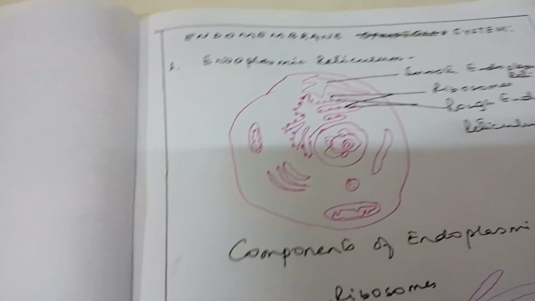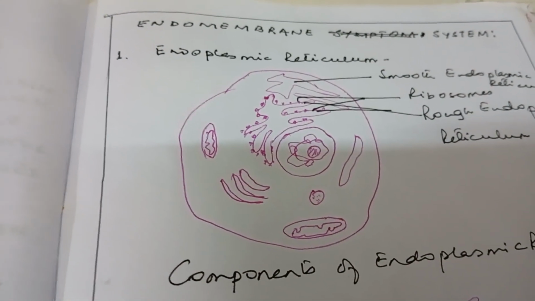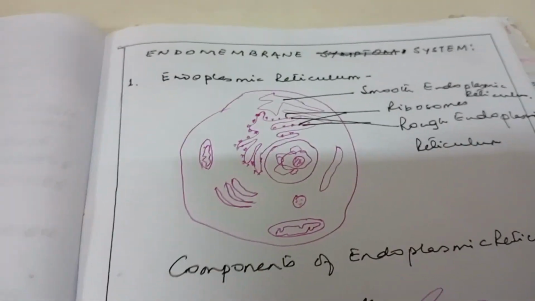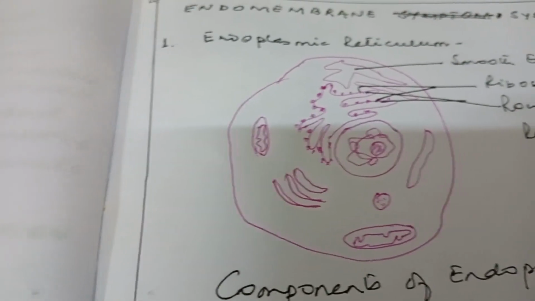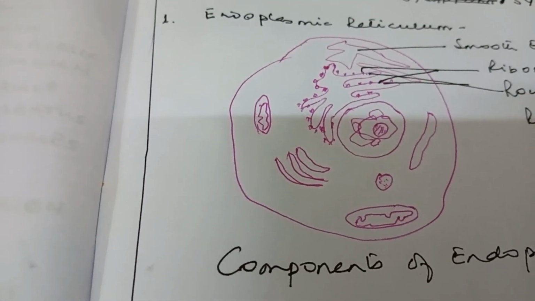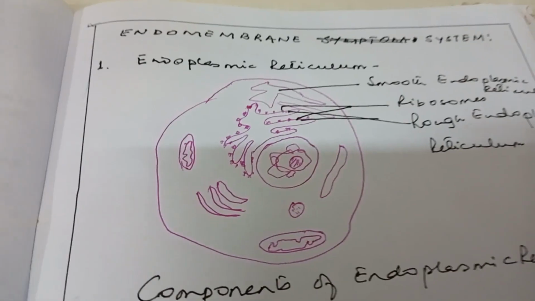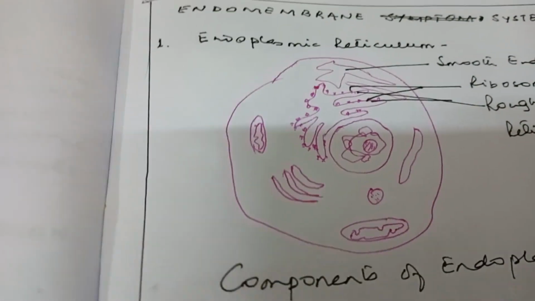And today's subject of discussion is the endoplasmic reticulum. Now, the endoplasmic reticulum is present in all cells except a few. What are the cells where the endoplasmic reticulum is not present?